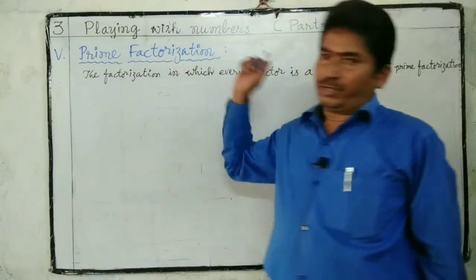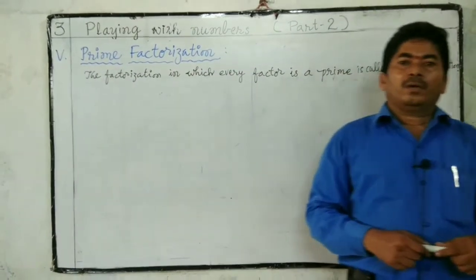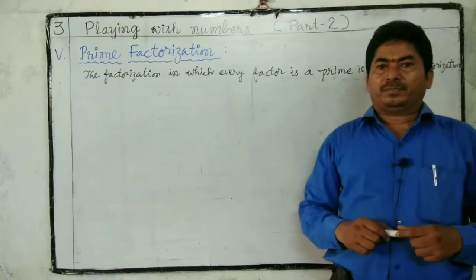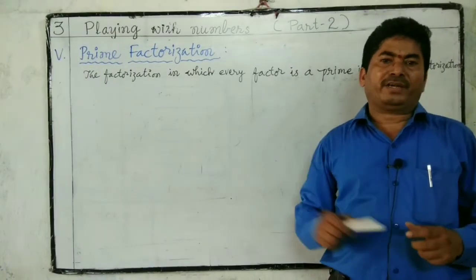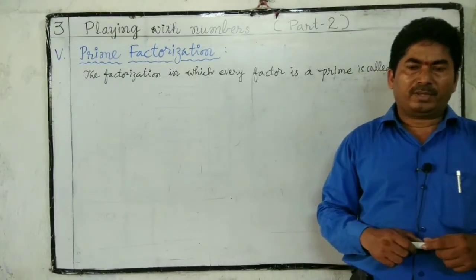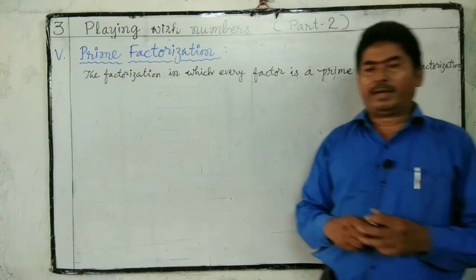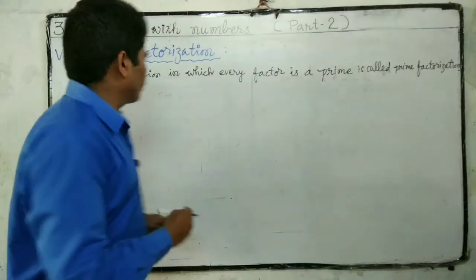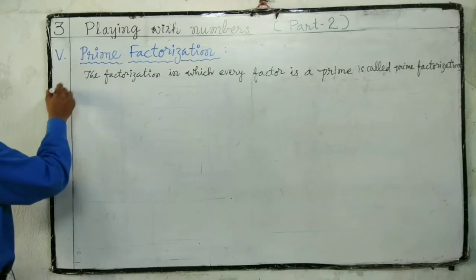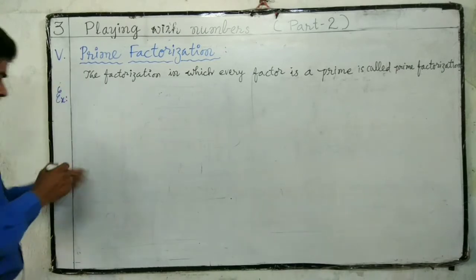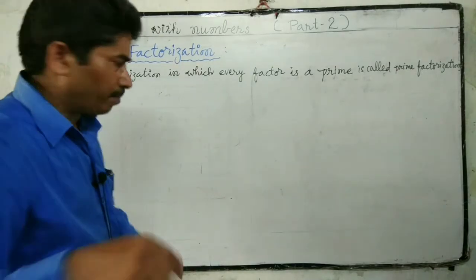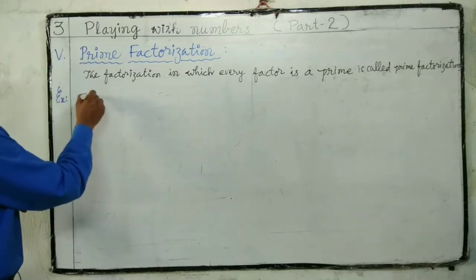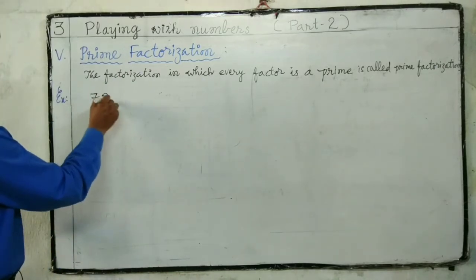Prime factorization. The factorization in which every factor is a prime is called prime factorization. Example, 72.